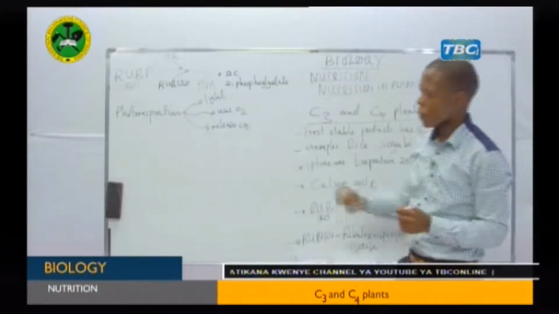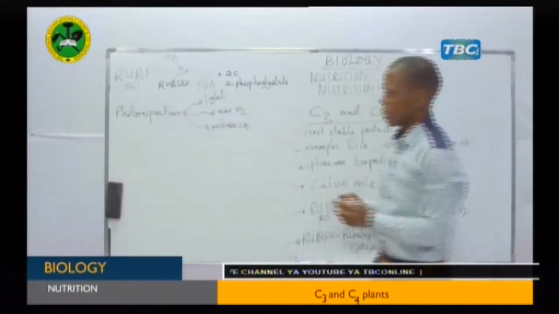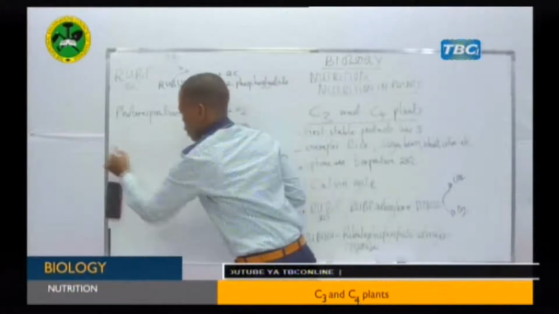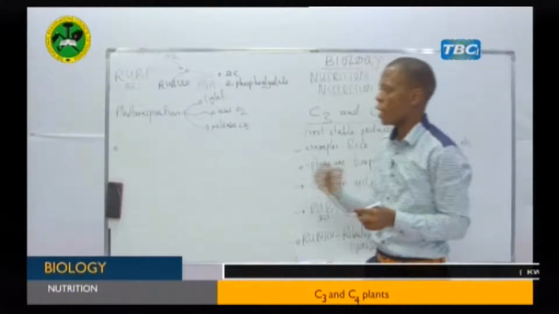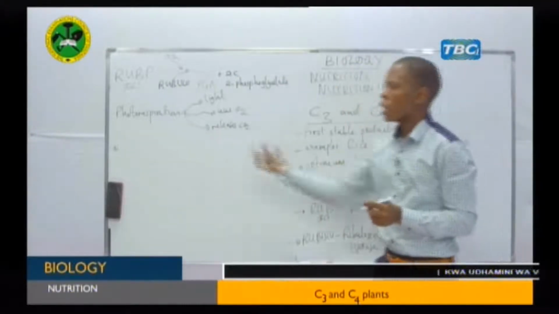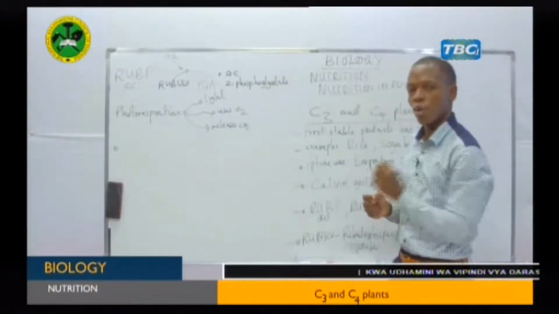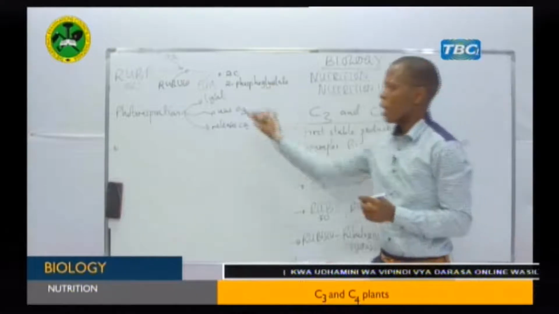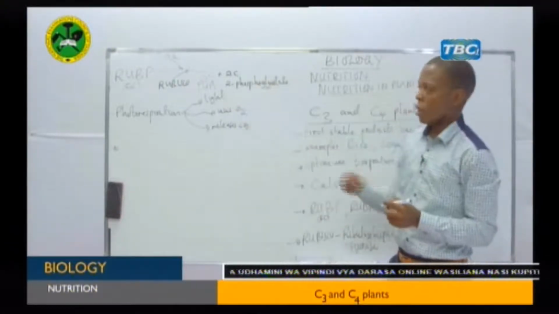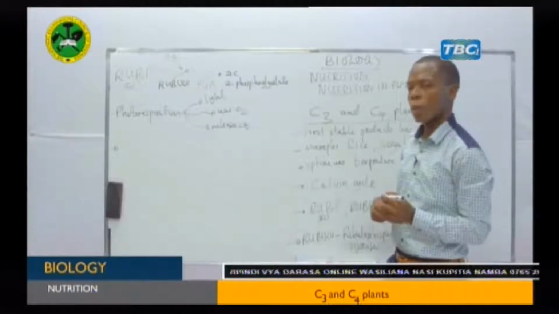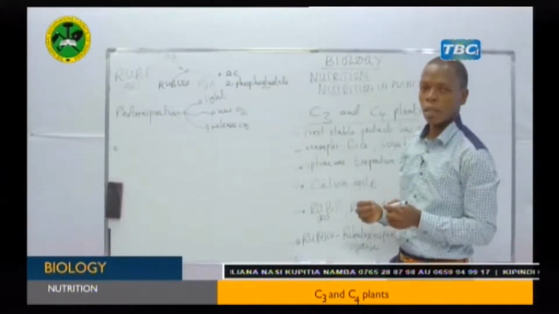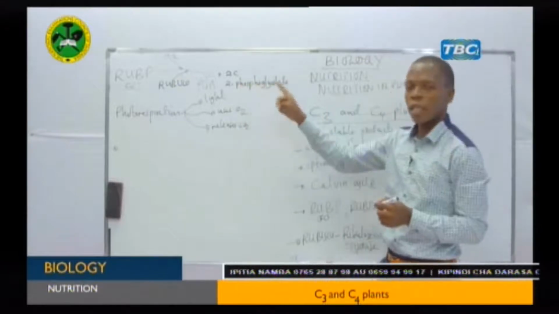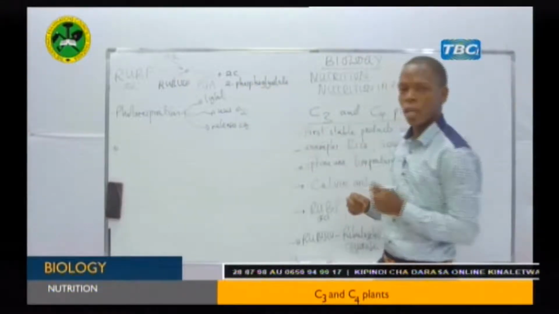This photorespiration actually lowers the yield of C3 plants. Or we can say, when photorespiration occurs, it lowers the chance of photosynthesis occurring. As you can see here, the products of photorespiration are PGA and phosphoglycolate. This phosphoglycolate cannot enter the Calvin cycle.